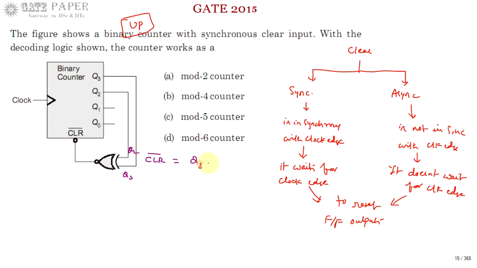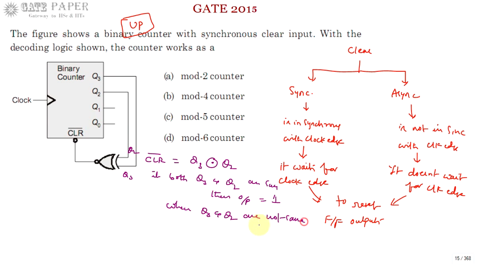So the output will be 1 whenever both are the same. If both Q3 and Q2 are the same, then the output will be 1. Else, when Q3 and Q2 are not the same, the output is 0.